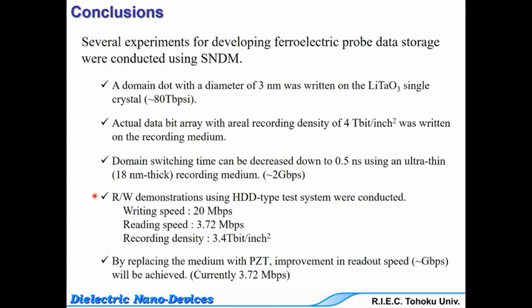And also, read-write demonstration using the hard disk drive type test system was conducted and obtained a writing speed of 20 Mbps, a reading speed of 3.72 Mbps, and a recording density of 3.4 terabit per square inch. Finally, by replacing the medium with PZT, improvement in readout speed to the Gbps order will be achieved in the near future. Thank you for your kind attention.